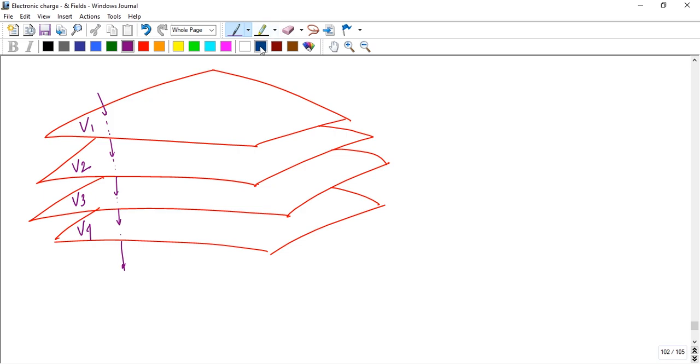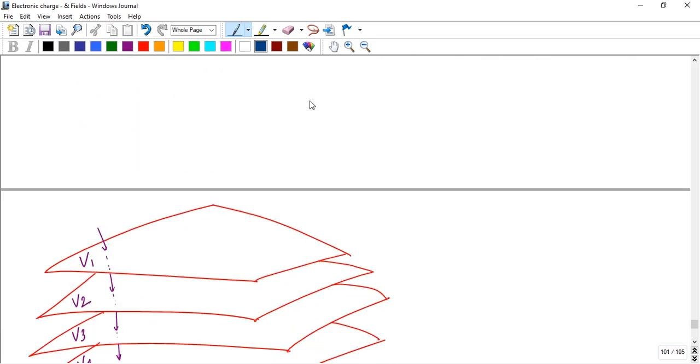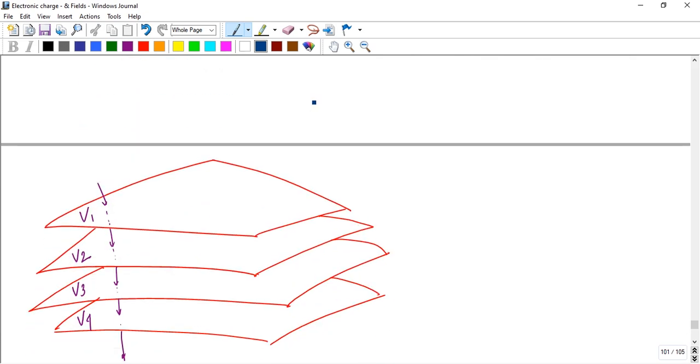Now, if you want to calculate the work done on a test charge moving from I to F on the same surface, there is path number 1, and choose another path, path number 2.